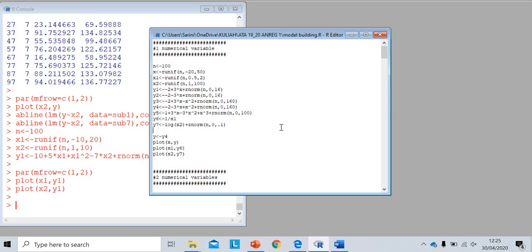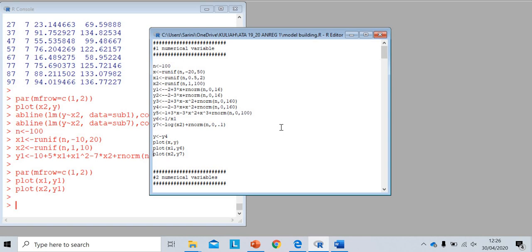Again, when you do model building, it is really important to do data visualization to help you get an idea of the functional relation between x and y in your model.